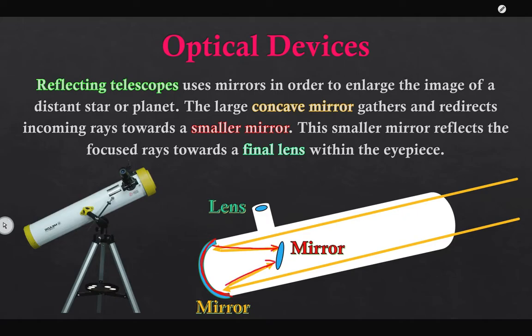So we wouldn't be able to look at it properly. This second mirror is going to send it, again, still not straight, but we've redirected it out towards the eyepiece. And then on the end, we have a lens, which is going to bend these two crooked lines to be straight so that we can look at it and see a regular picture.